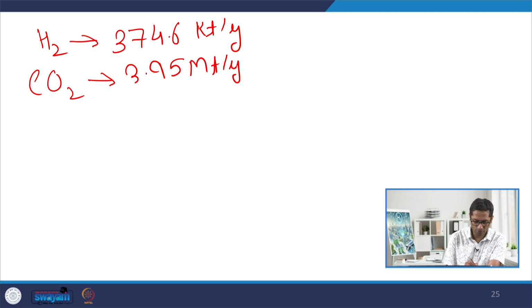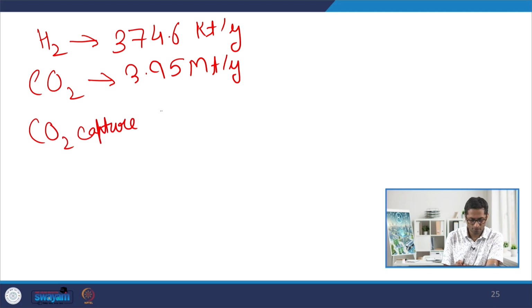Now, if I have to capture CO2 and convert it into volume, given the supercritical density of 860 kg per meter cube, the CO2 that I would aim to capture would roughly be of the order of 4.14 into 10 to the power 6 meter cube, or million meter cube.